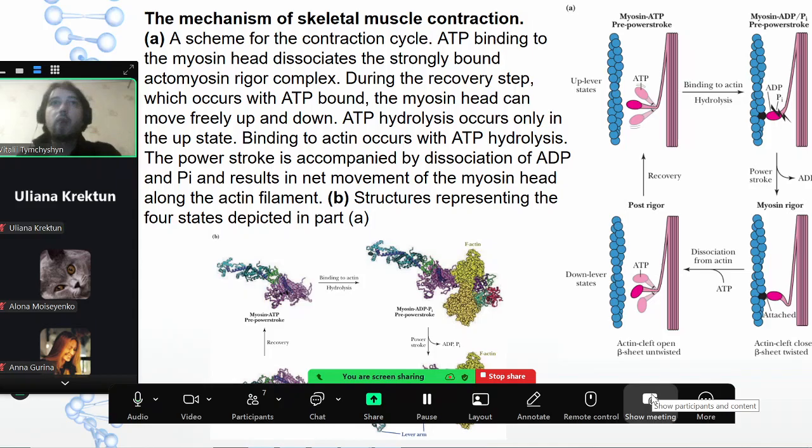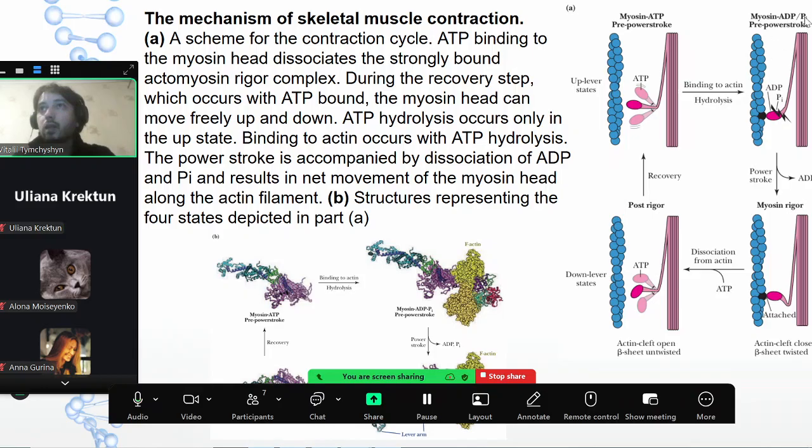ATP binding to the myosin head dissociates the strongly bound actin myosin rigor complex, and during the recovery step, which occurs with ATP bound, the myosin head can move freely up and down. So it searches for the active site to bind. So here you see the myosin ATP pre-power stroke. So it basically searches for the site to bind.